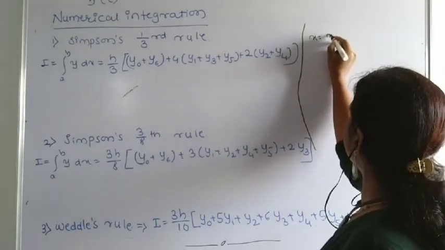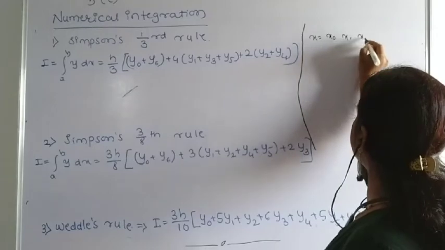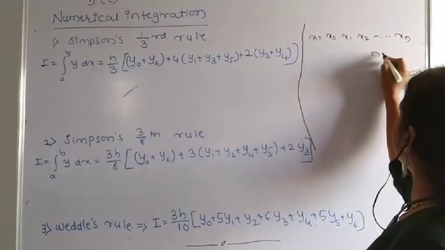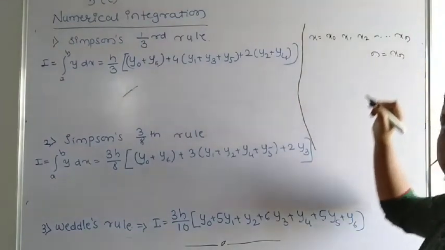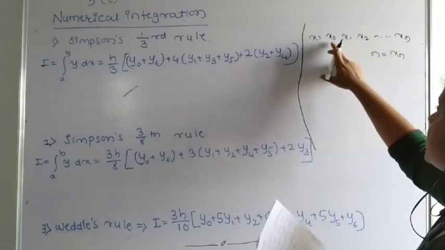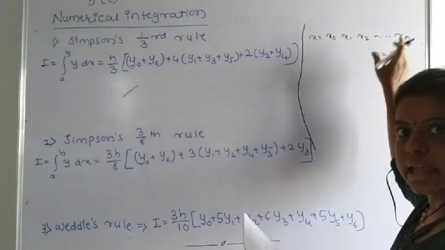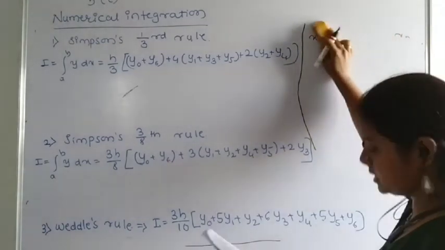They will start with x0, x1, x2, up to xn. Means the n equal parts we have to consider as xn terms. Started with x0 and ending with xn, that you have to consider.